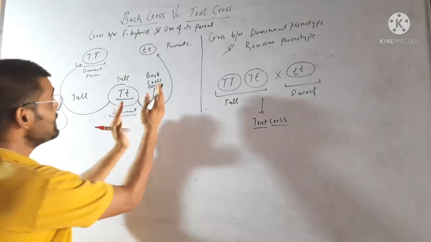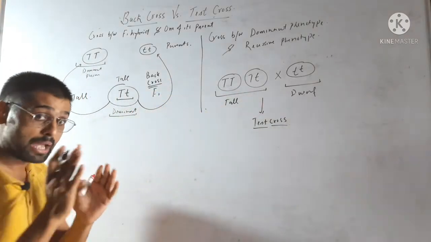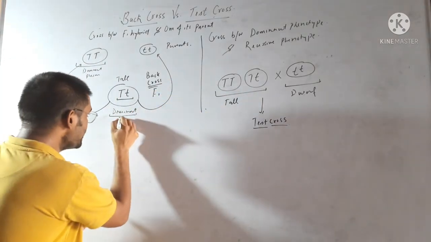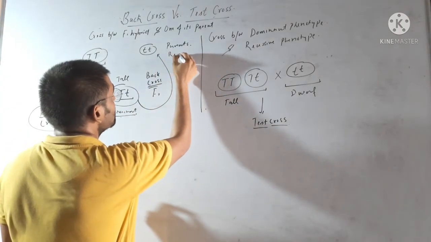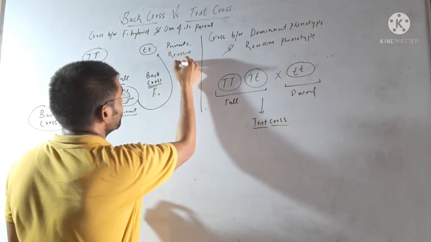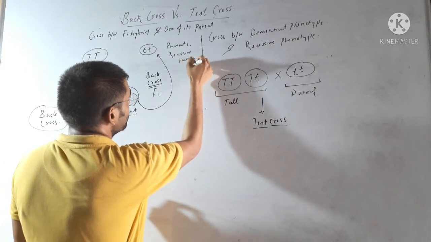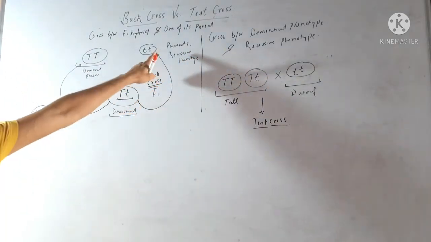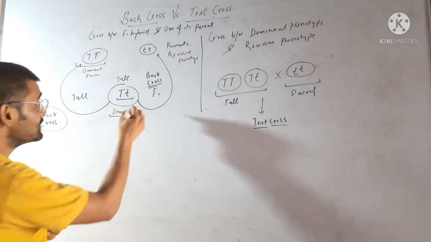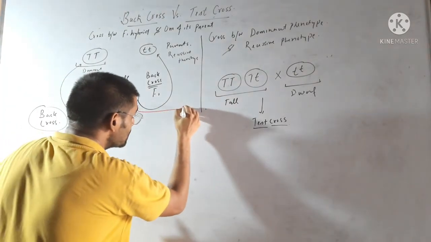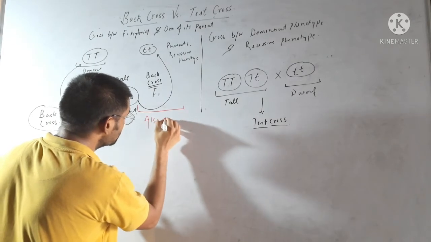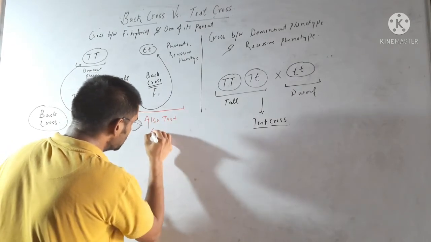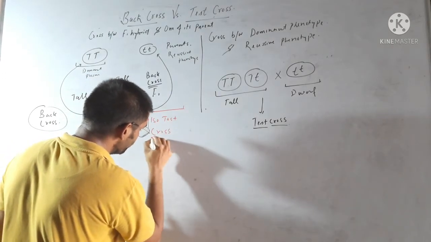So here in this case, I am crossing a dominant phenotype with a recessive phenotype. Here it is recessive. So this backcross here is also a test cross.